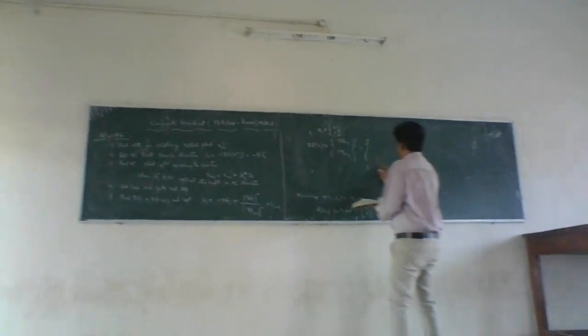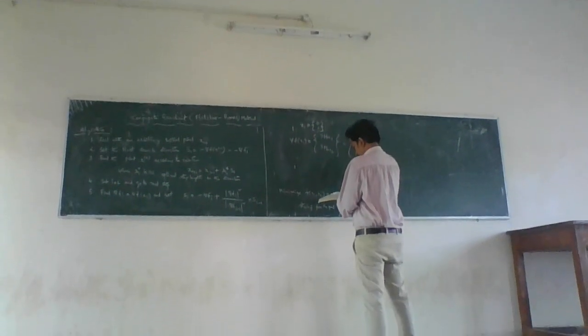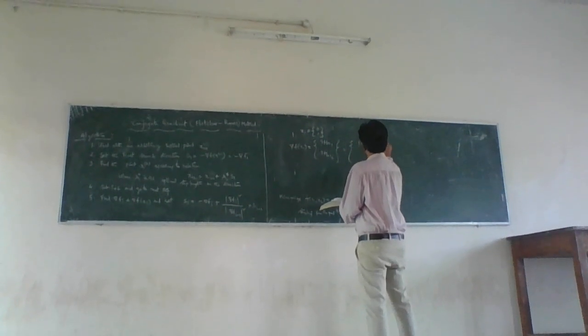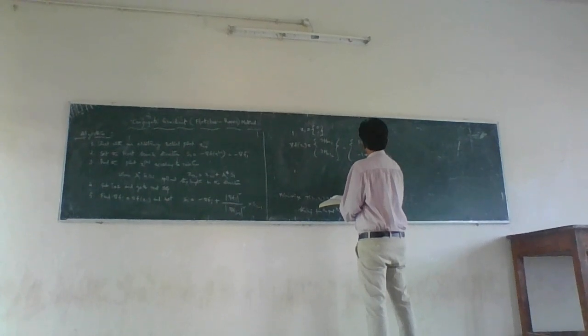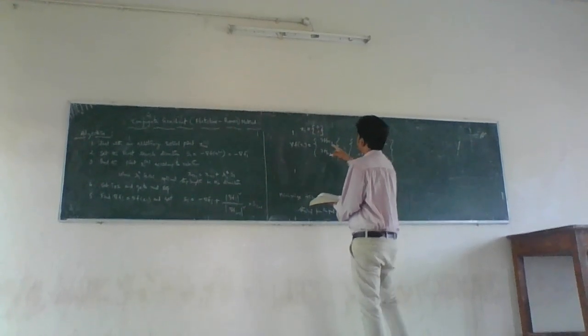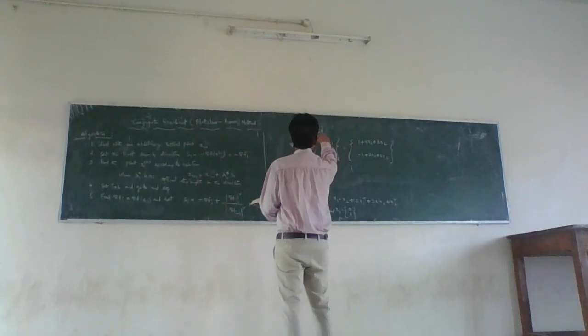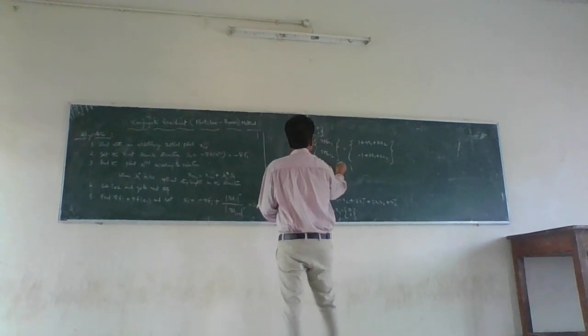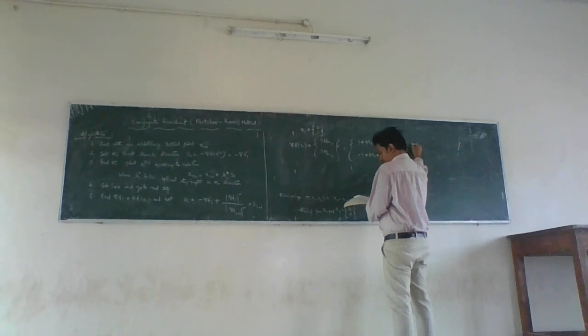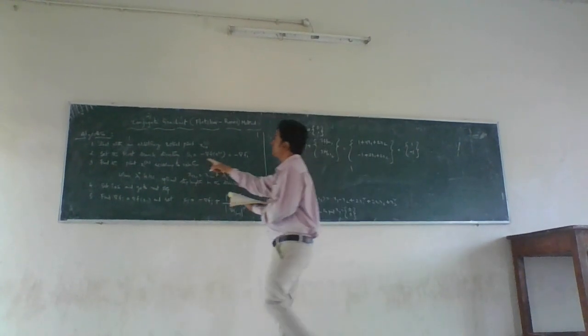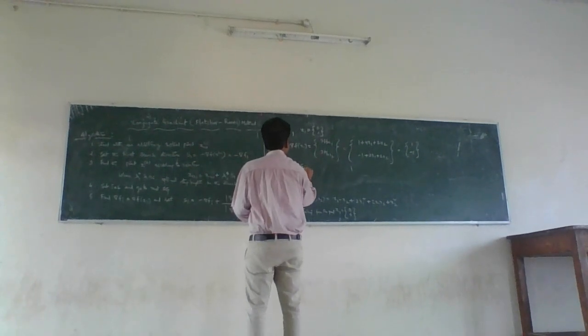Yeah, ∂f/∂x1 is 1 + 4x1 + 2x2. Now keep the value of x1 as 0, 0, that is x1 as 0, x2 as 0. You will get 1 minus 1, so that your S1 is minus of that one.